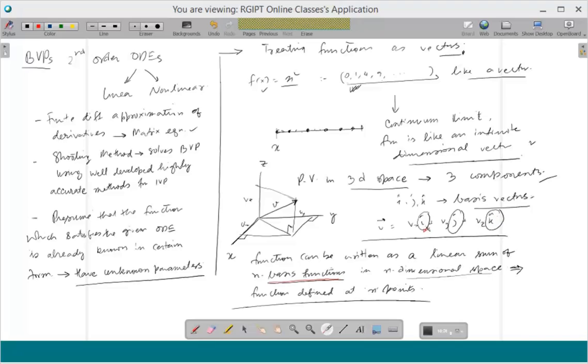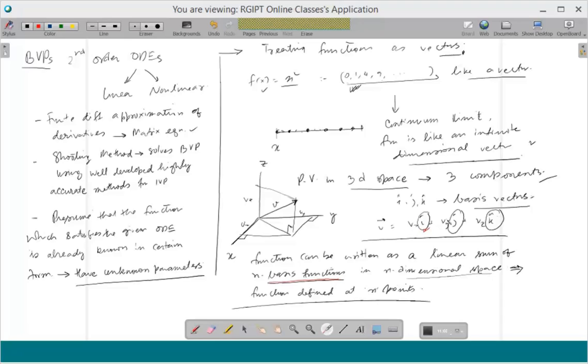It's basically a divide and rule kind of thing, right? You first decompose into something which is easily understood and which can easily be analyzed. Since you know what the x direction is, you think in terms of the respective components, and any operation done on this is equivalent to doing independent operations on all these three quantities, and then the resultant will be summed up. So that is the linear superposition idea, right?